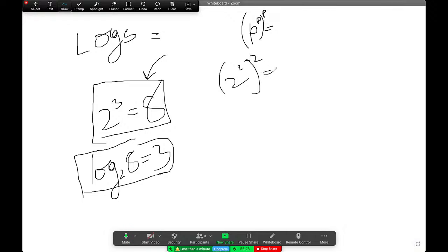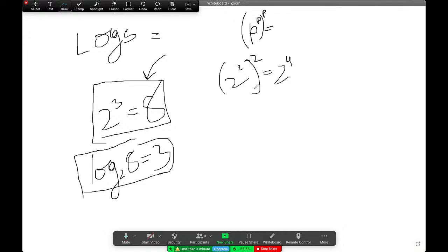So that is equal to 2 to the 4, because it's the power of 2 squared, and you're going to have to multiply both of the exponents. After you multiply both of them, you get 4, and then you just do 2 to the power 4, and you get your answer.